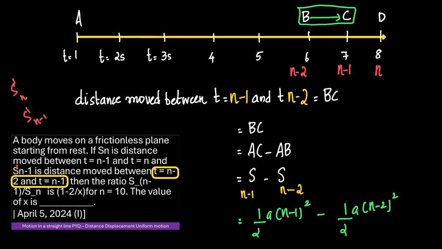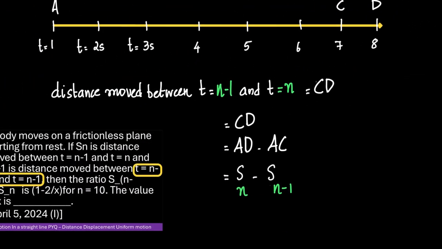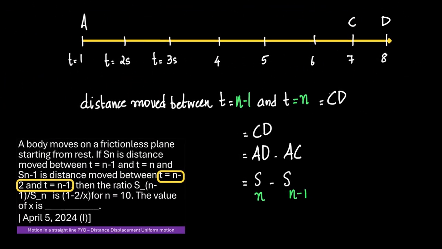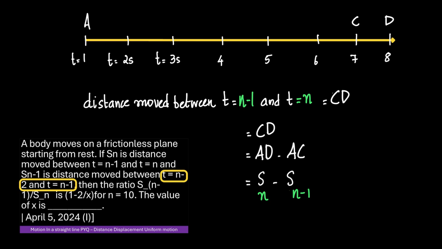Okay, so that's it. If you understood that part, I would like you to do this on your own. What is S dash n now? It is the distance traveled between t is equal to n minus 1 and t is equal to n. So if this is n, 7 would be n minus 1. So we have to find this distance from n minus 1 to n, CD. What is CD?